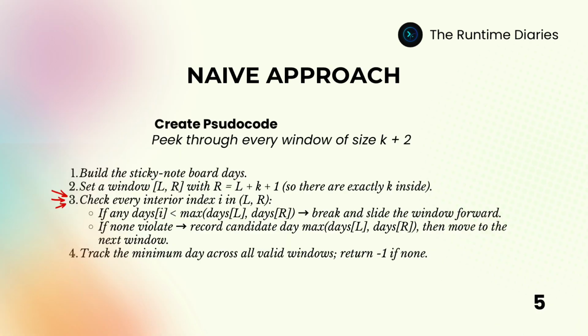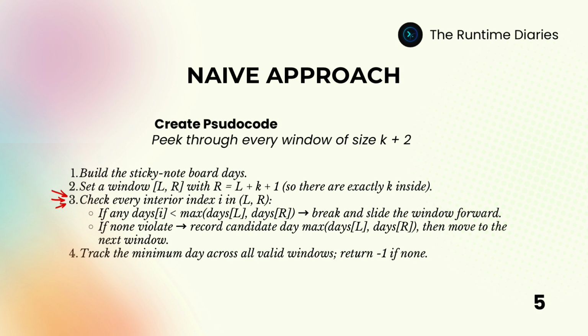So let's build intuition with a slow, simple approach, what I call the peek-through-every-window method. Imagine sliding a little window of size K+2 across the street. The two ends of that window are our candidate bulbs, the ones that might both be on with exactly K dark ones between them.